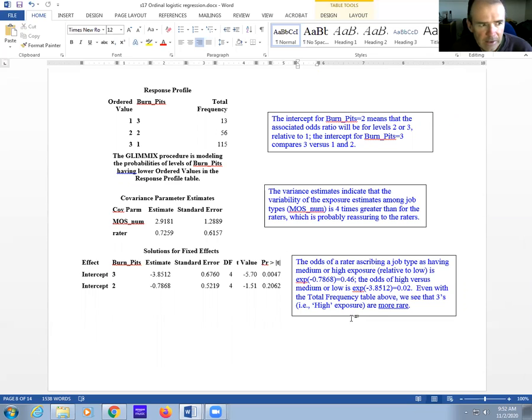If I saw a value near 0, I would say I probably don't need that term in the model. A value of 0.7, relative to the variance for the job types, is much lower, but it's not orders of magnitude lower than the job type. If you were to do a test, it might tell you that's not significant. But just looking at it, it seems like it's non-negligible.